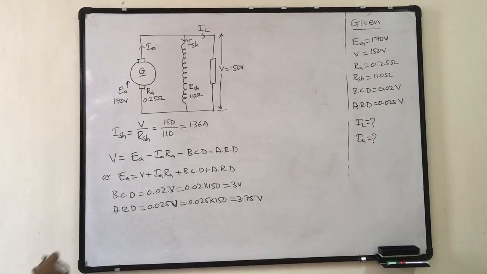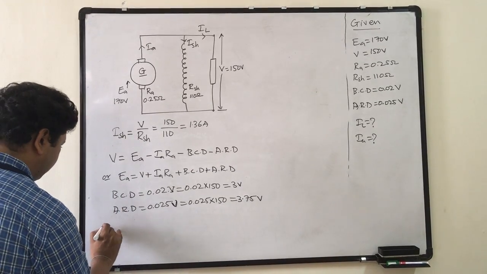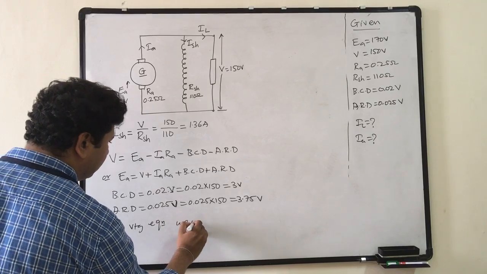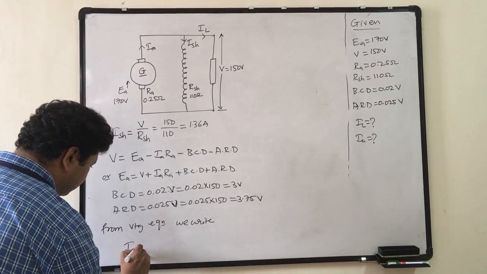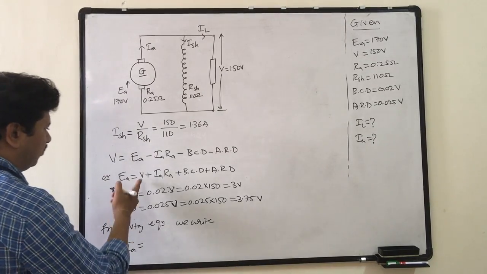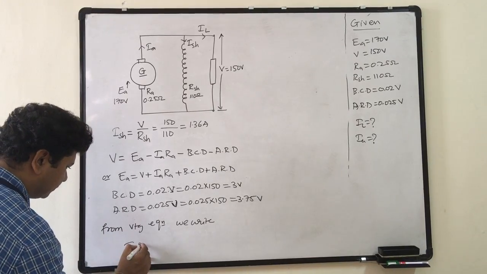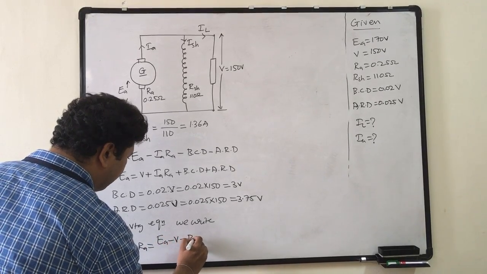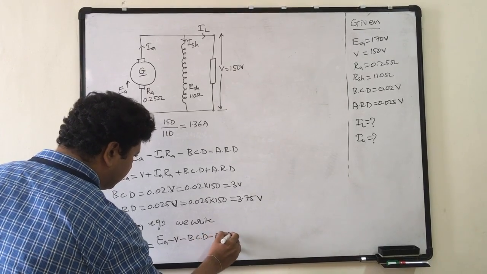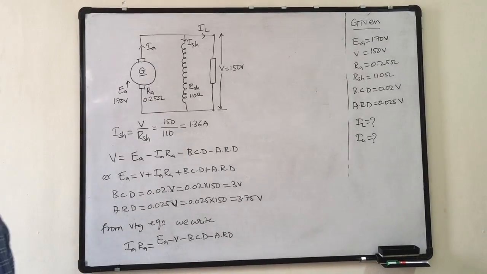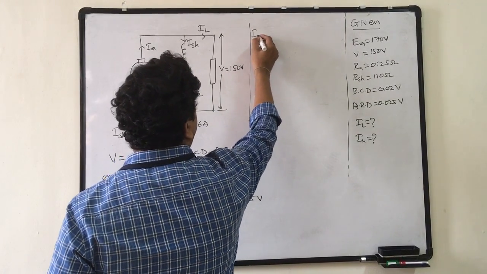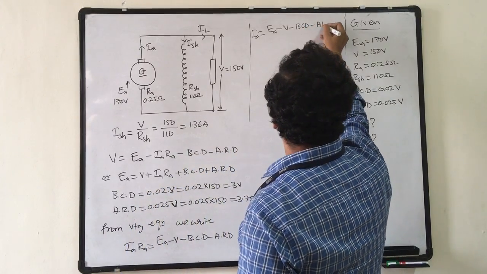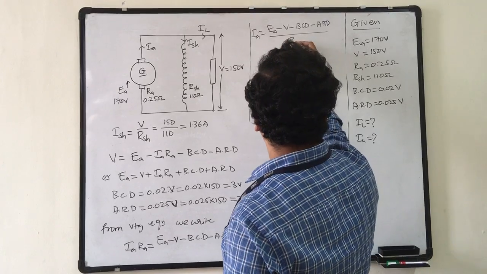Now from the voltage equation I can write IARA is equal to, taking everything to the other side, EA minus V minus BCD minus ARD, and IA is equal to EA minus V minus BCD minus ARD divided by RA.